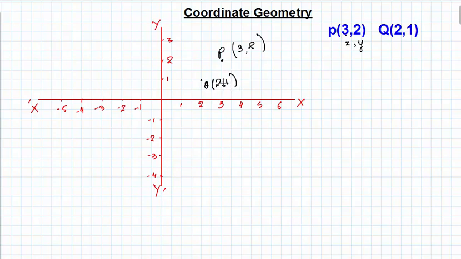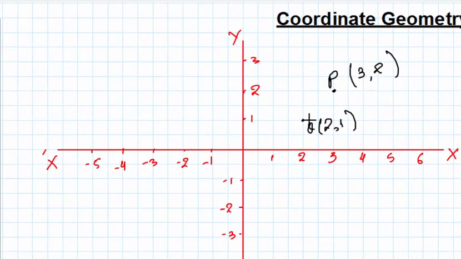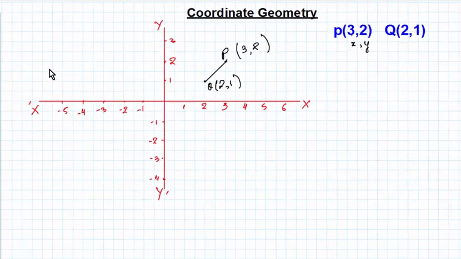It means the 2 points P and Q are here. This is P and this is Q with the coordinates. Now, if I join P and Q, I joined P and Q here.